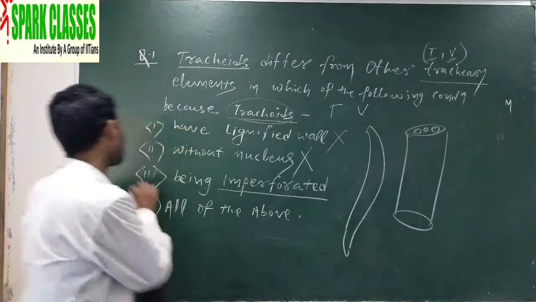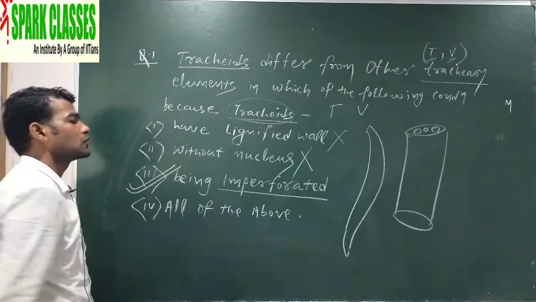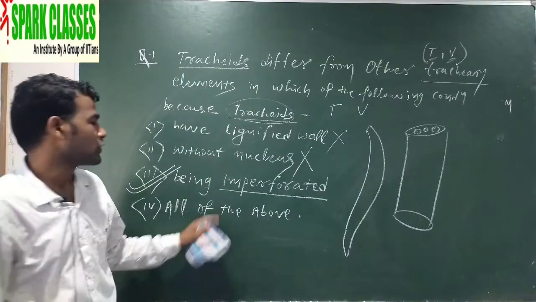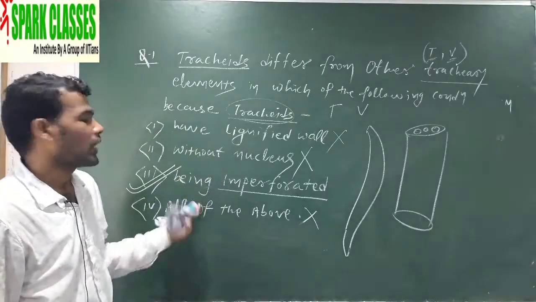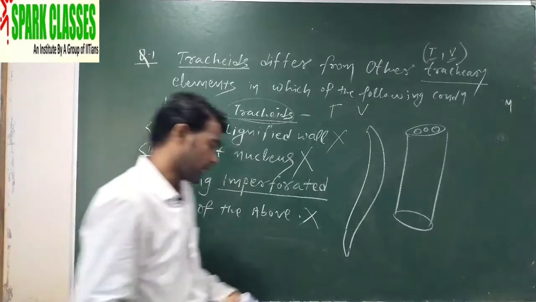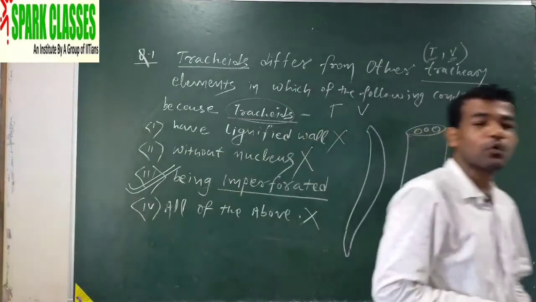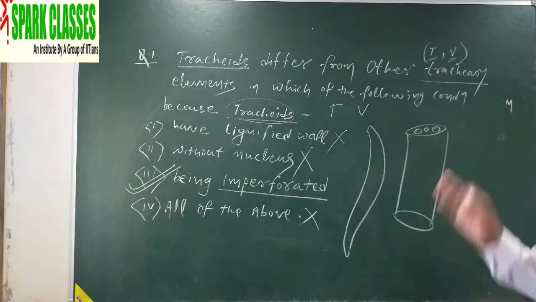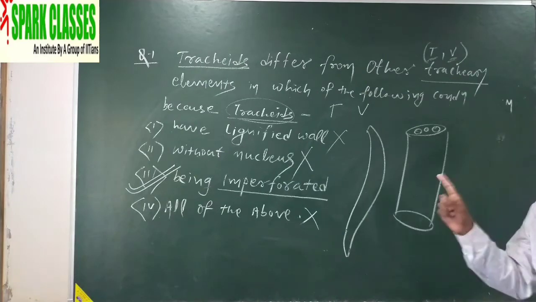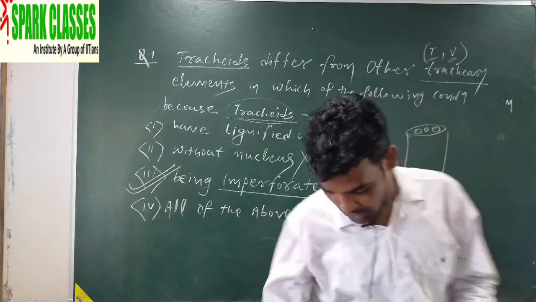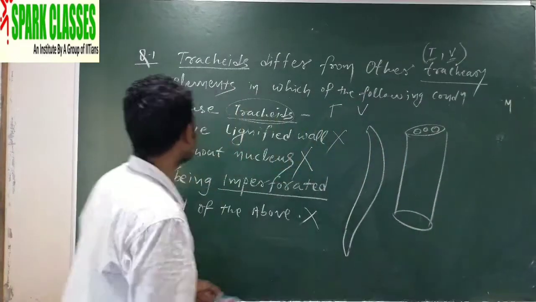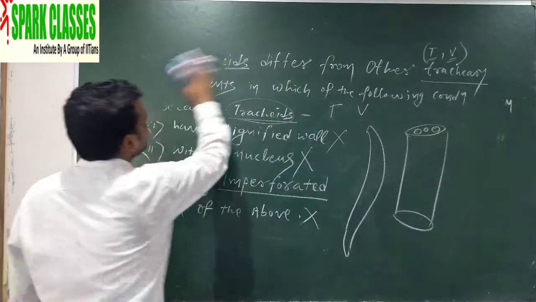So that's why the answer is being imperforated. All of the above is not the answer. Tracheids are imperforated and vessels are perforated. You have to remember this. This question was already asked in 2014 NEET and repeated many times.